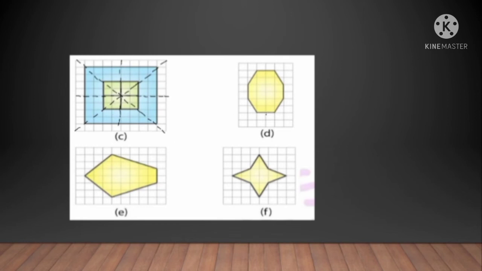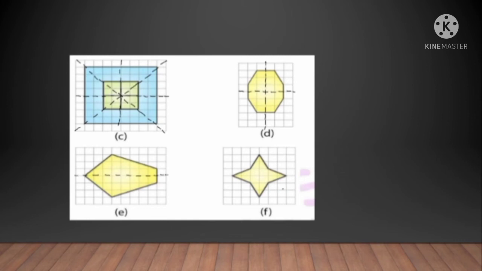The next is subdivision D. Here we can draw 2 lines of symmetry, isn't it? Just look. 1, 2. 2 lines of symmetry. And for subdivision E, we will have only 1 line of symmetry. If I just fold this, it gets overlapped equally.